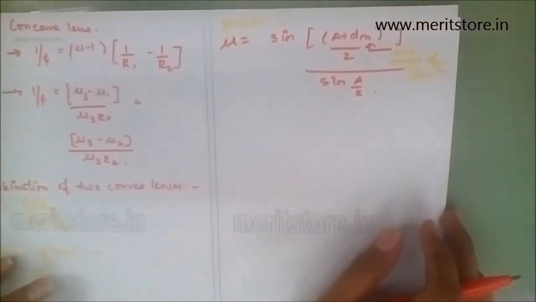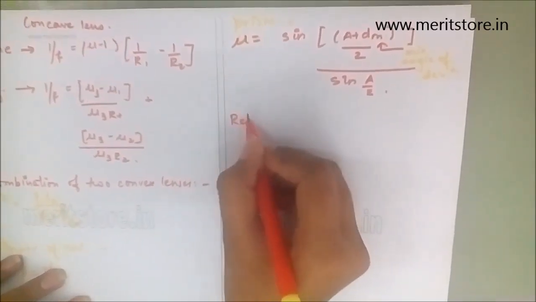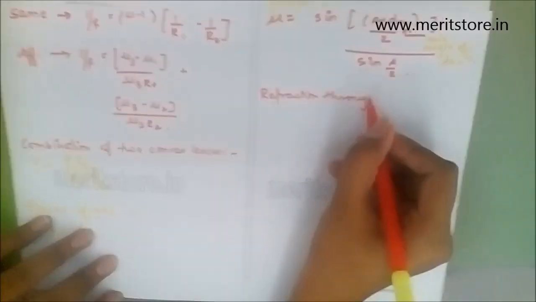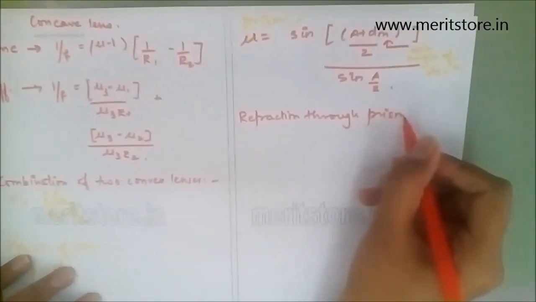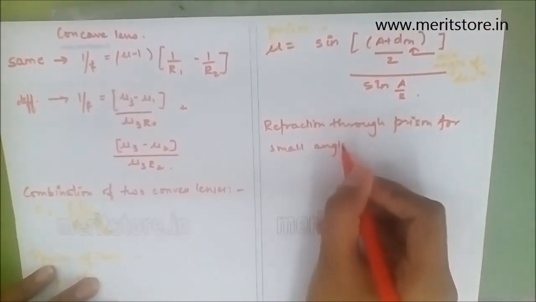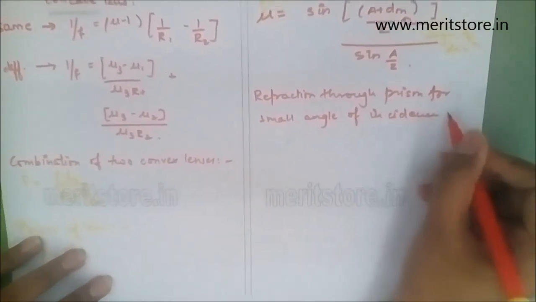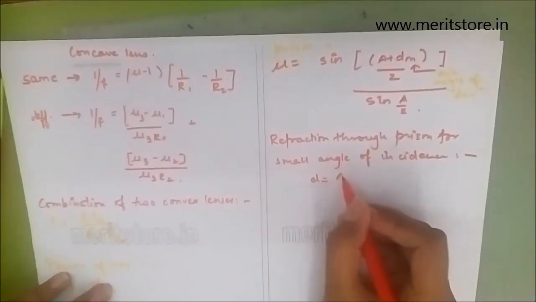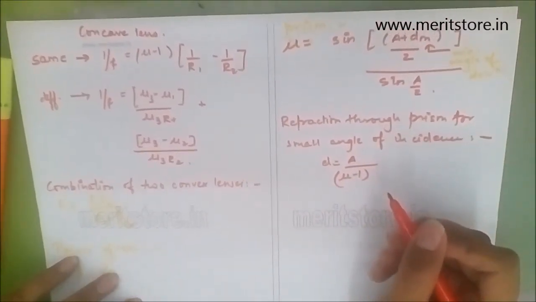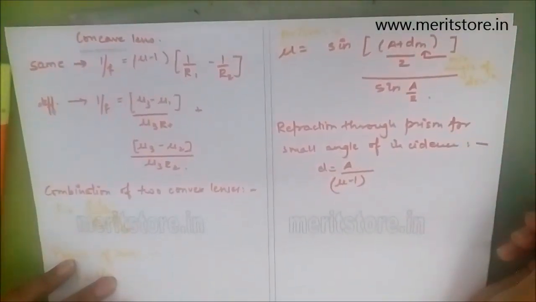Refraction through a prism for small angle of incidence is given as... this signifies that the angle of deviation d is independent of the angle of incidence provided it is small.